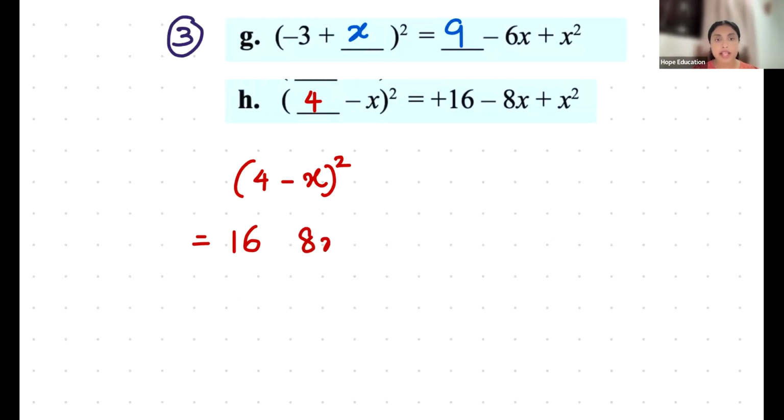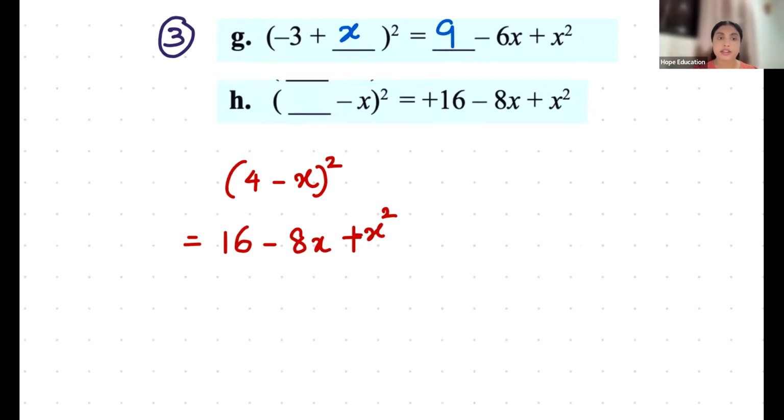Here we have minus: plus times minus is minus, minus times plus is minus. Then we get the square of the second term. The second term is minus x, so x times x is x squared. Minus times minus is plus. If I put 4 here, my answer comes. Seems like 4 is right. But just in case, we will try minus 4 as well.